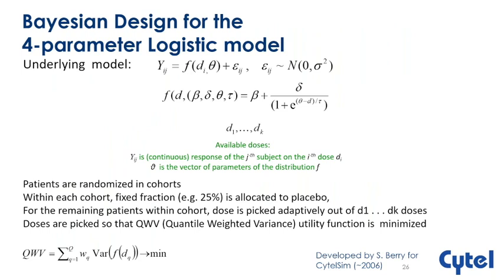Here's the function again. We assume normally distributed random error added onto the 4-parameter logistic function. The patients are randomized in cohorts. Within each cohort, there's a fixed fraction allocated to placebo, and the remaining subjects are assigned adaptively in proportion to the weights that minimize the weighted variance function in the lower left.